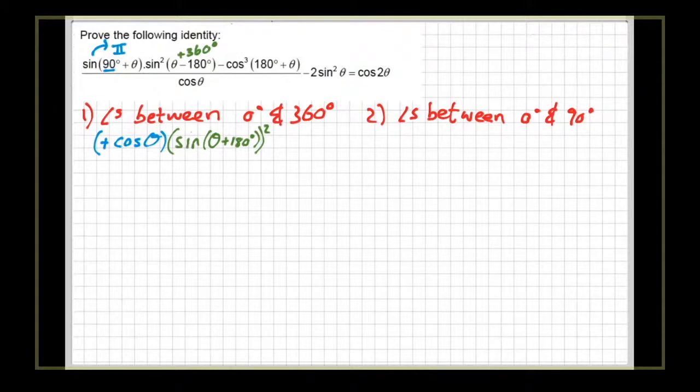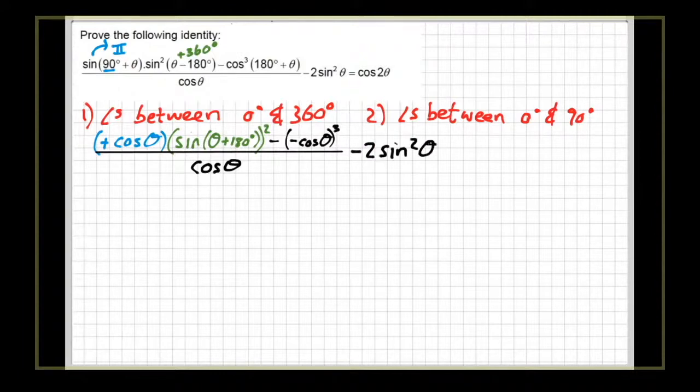Now I'm going to do exactly the same, but with a cos, so it's going to be cubed outside. If I look at cos of 180 plus theta, that's negative cos theta because it's in the third quadrant. And this is all over cos theta. Then I have this lonesome little 2 sine squared theta at the back.